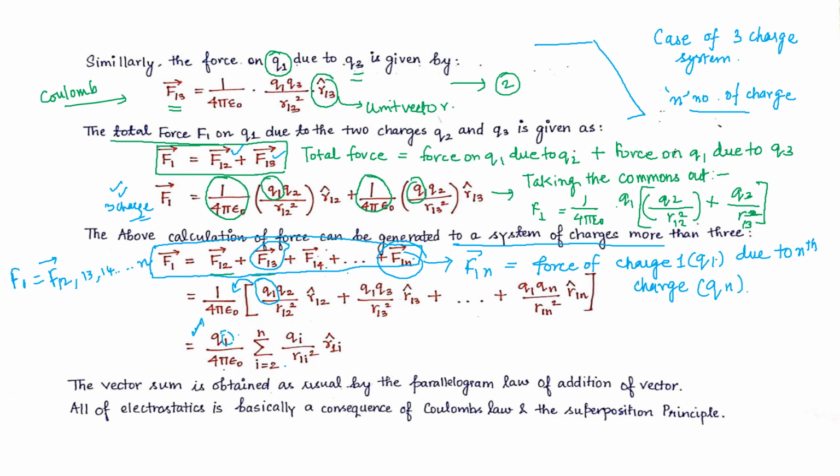Charge 1 is here, so we will not start i from 1, we will start from 2. The limits are from charge 2 to n number of charges, into qi by r1i square into r1i cap.